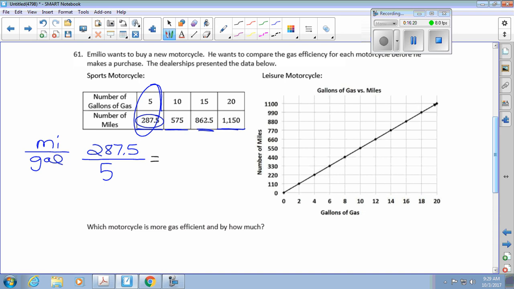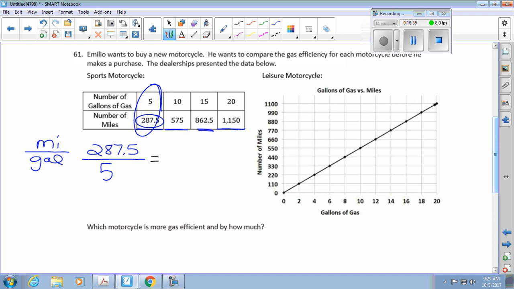Okay, so 287.5 divided by 5, go ahead and do that on your calculators. Be ready to tell me the label too.